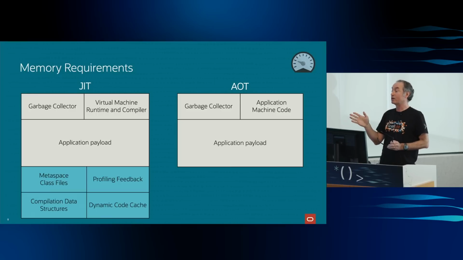But what if you hit the guard and you get an int? It says, okay, this is no good. The compiled code is invalid, you're back to the interpreter, and you have to recompile based on the new information discovered at runtime. So you have to have this dynamic code cache because the code can change, and you need the bytecode so you can recompile. There's a lot of stuff you have to keep around. On the AOT side, this is just not going on.